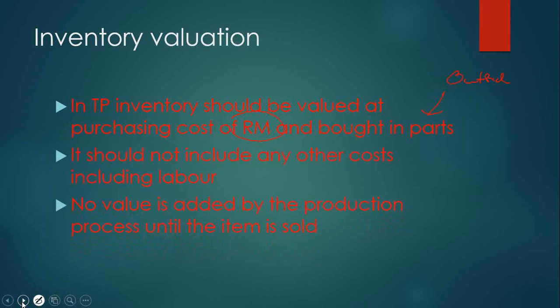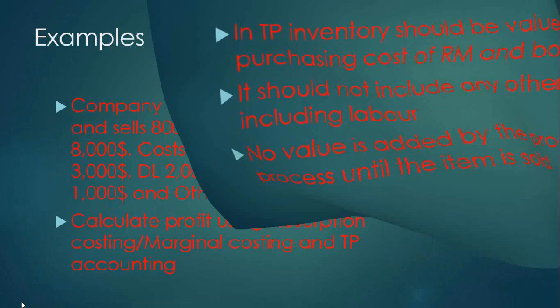No value is added by production until the item is sold. So you can produce many items and keep them, but it is useless because it is not going to bring you any profit, because the product is not considered valuable unless it is sold.